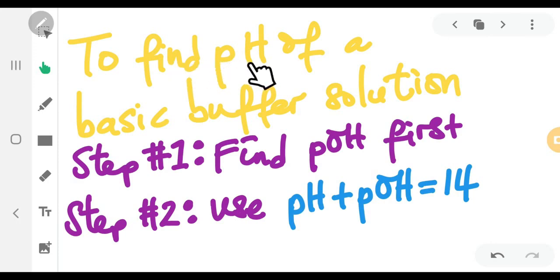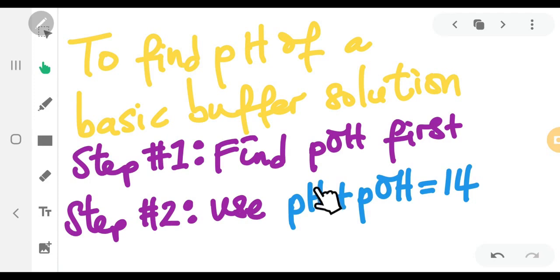So to find the pH of a basic buffer solution, step 1, we have to find the value of pOH first by using the Henderson-Hasselbalch equation that we saw at the beginning of the video. Then, after you have found the value of pOH, we use the formula pH plus pOH equals 14 to get the value of pH.